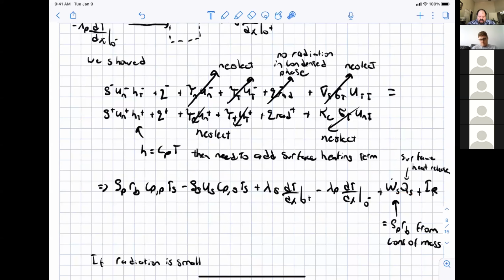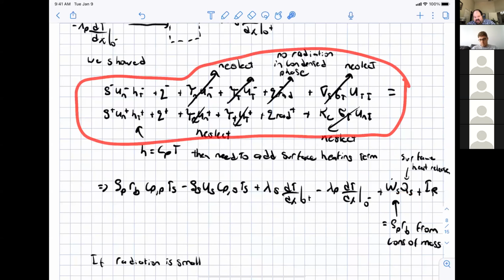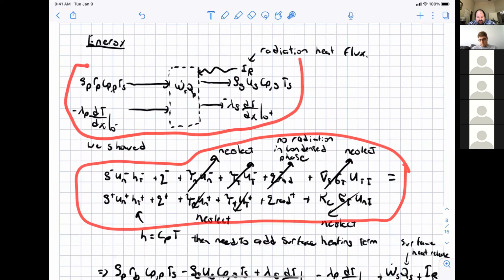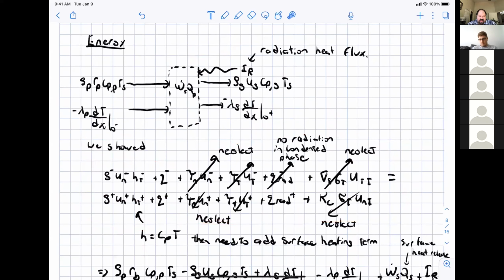And again, this can be obtained either by working with the more general expression that I derived in class, or just a nice interfacial energy balance here, because it's just a normal control volume analysis. It's just that your control volume is super thin, which is basically the only difference.